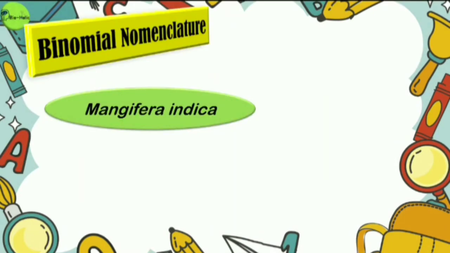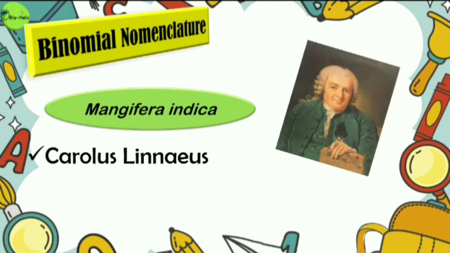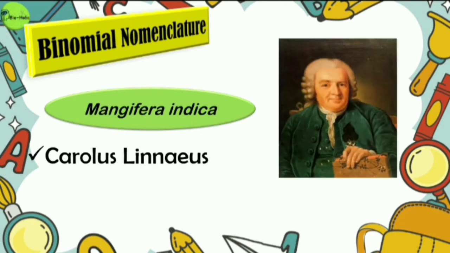And now I'm going to tell you guys a very interesting fact about Carolus Linnaeus. The fact is that his name was Carl von Linné. At first his name had two surnames, but when he gave the idea of the binomial nomenclature, he converted his name into Carolus Linnaeus because the name has two terms, just like other binomial names like Mangifera indica.